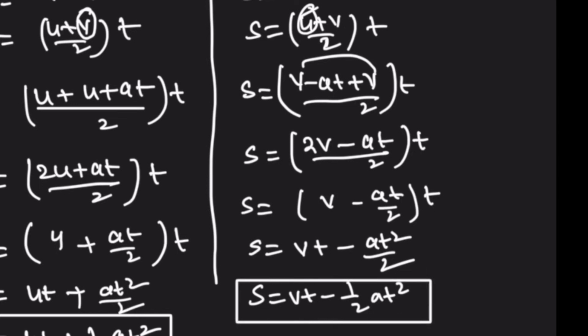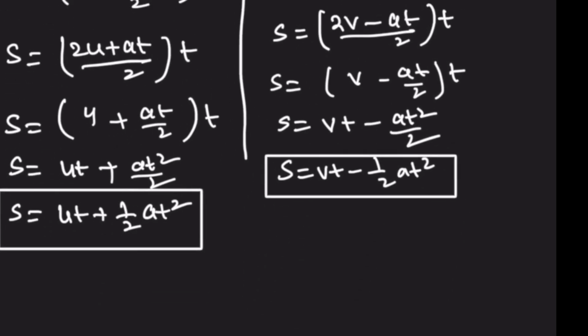See here, suppose a body is moving with uniform acceleration. So we have kinematic equations. What are those? Displacement is equal to average velocity into time. Average velocity is v plus u by 2 into time.